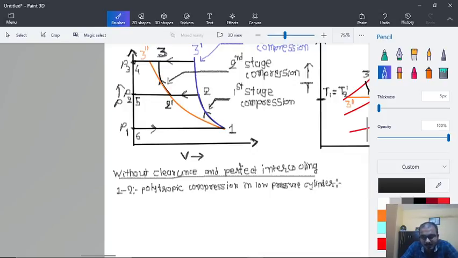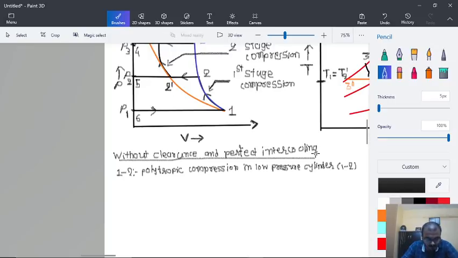Then we have process 2 to 2 prime, which is isobaric intercooling.